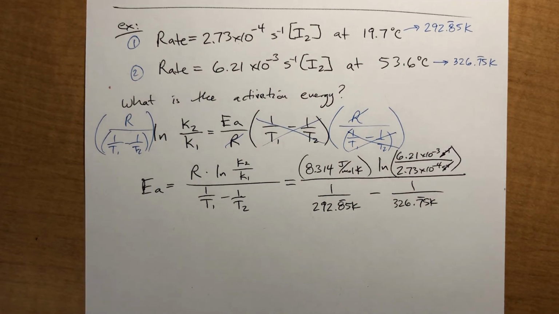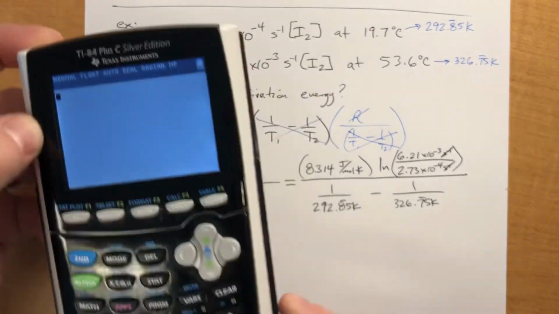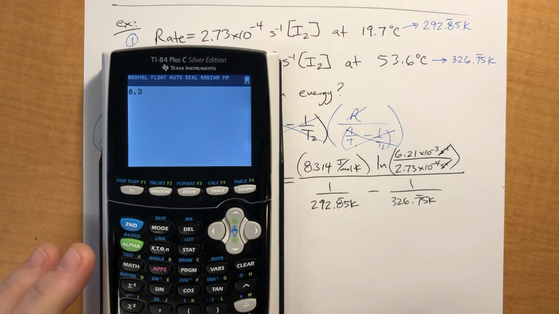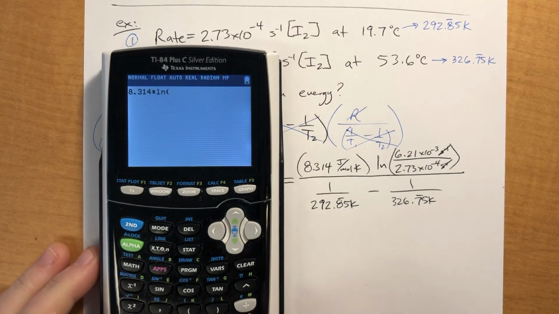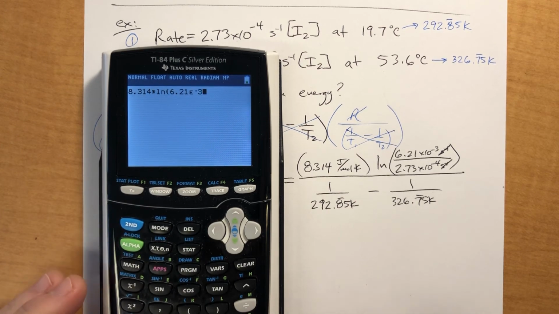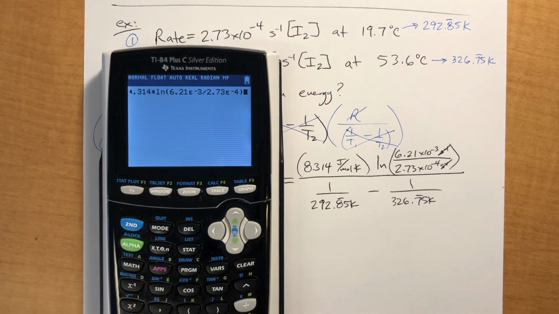Plugging all of this in is going to be a pain, and we'll figure it out. Doing the top part, 8.314 times natural log of 6.21 E negative 3 divided by 2.73 E negative 4. If I hit equals, that gives me the top. The top is like, I don't know, 26.